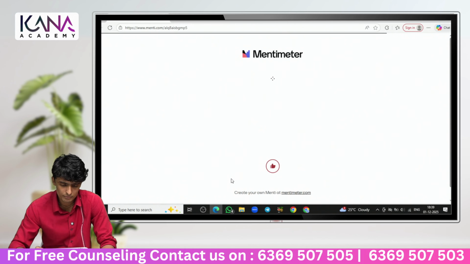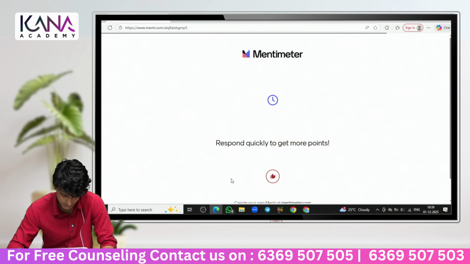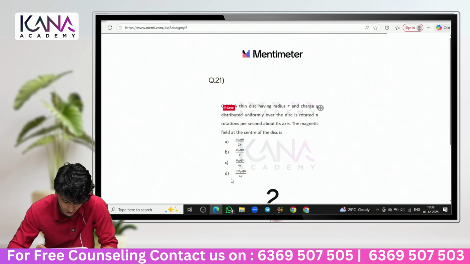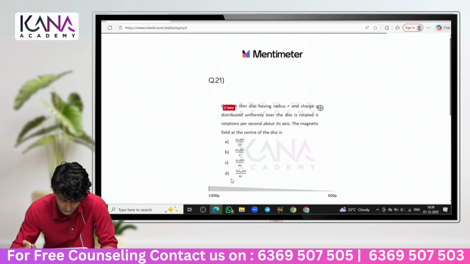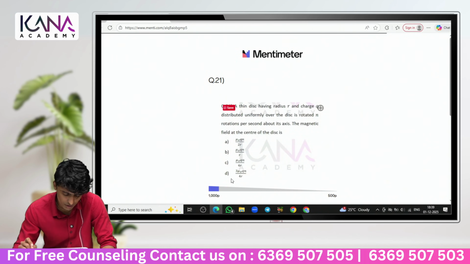Next question, question number 21. A thin disk having radius r and charge q distributed uniformly over the disk is rotated n rotations per second about its axis. The magnetic field at the center of the disk is... Forty seconds.